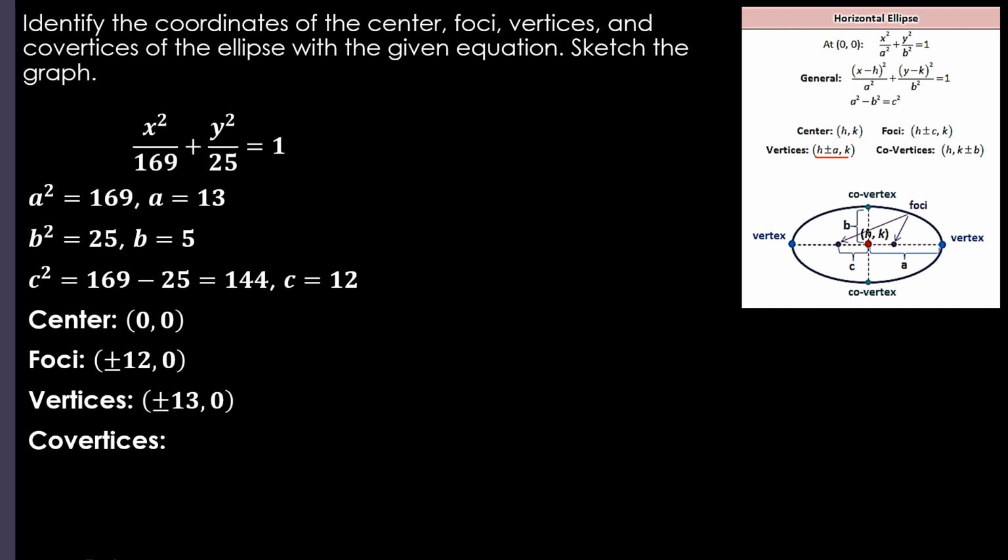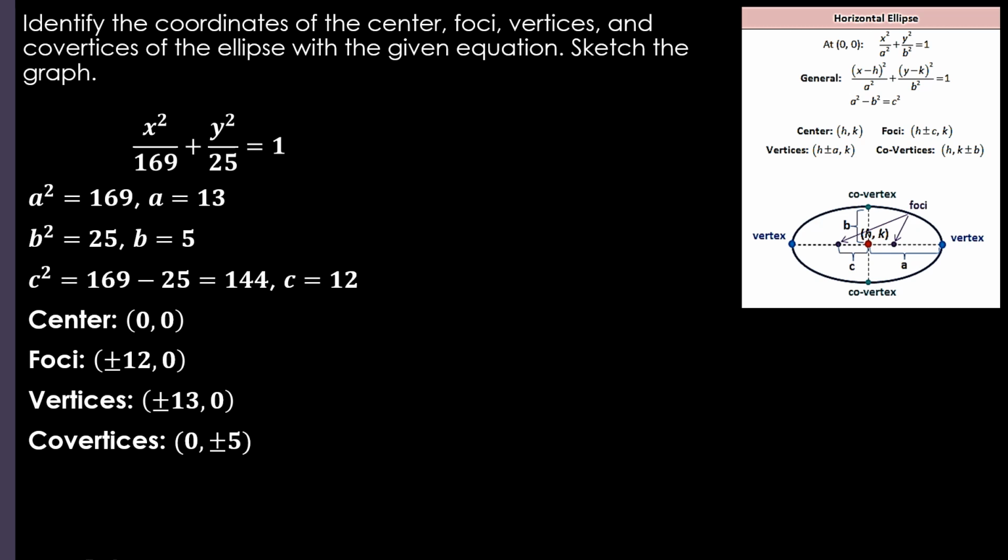So we have (13, 0) and (-13, 0). For the co-vertices, we have the formula (h, k plus or minus b). Our b is 5, so our co-vertices are (0, 5) and (0, -5).